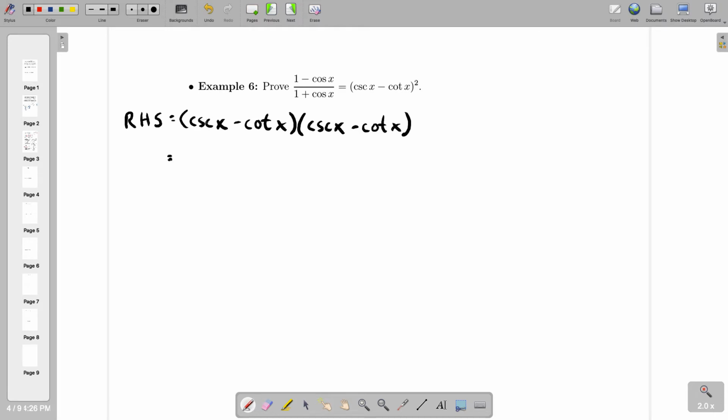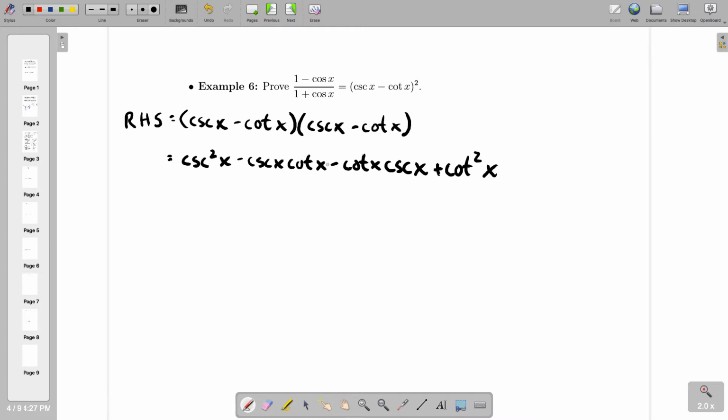And of course FOIL, so first times first gives me cosecant squared x. And then the outside, minus cosecant x cotangent x, minus the cotangent of x times the cosecant of x, and then finally plus the cotangent squared of x.